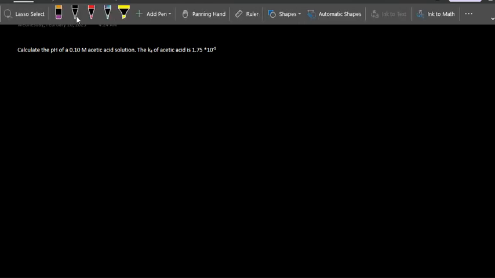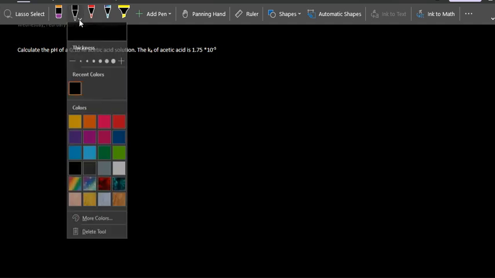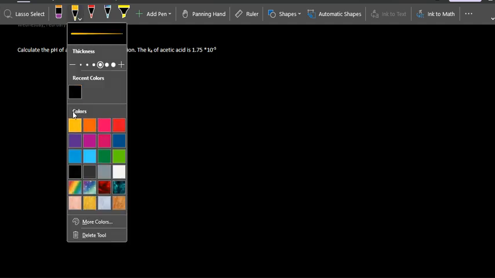So here we go. In this case we have acetic acid. If you don't know the acetic acid formula, you should familiarize yourself with it. The acetic acid formula is CH3COOH. Let's write this down.